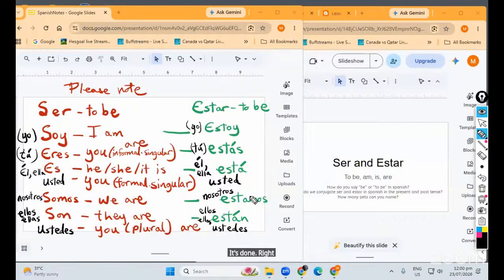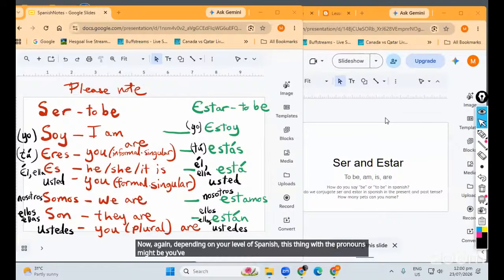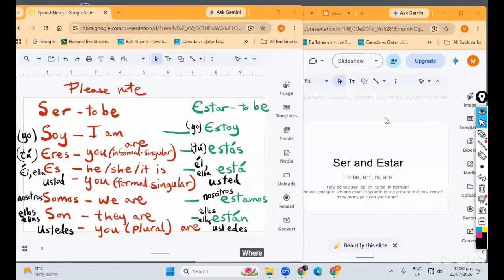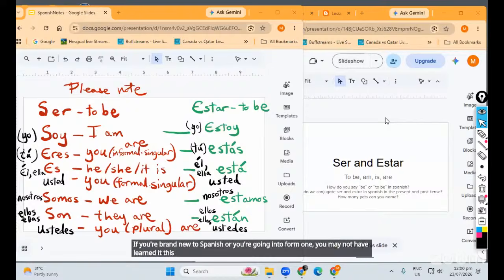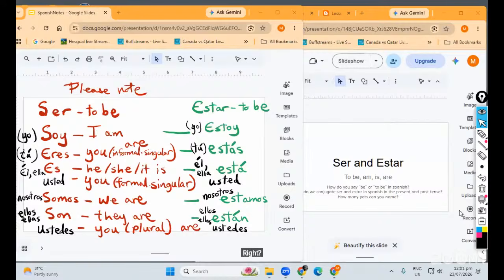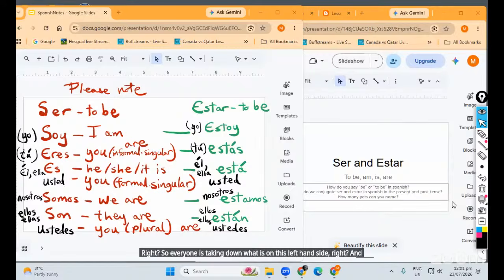Now, again, depending on your level of Spanish, this thing with the pronouns might be something you've seen 100 times already. Whereas if you're brand new to Spanish or you're going into Form 1, you may not have learned it this way. So everyone is taking down what is on this left-hand side, right? And please do not take shortcuts. Some people are going to say, Miss, I knew it. But you may not.